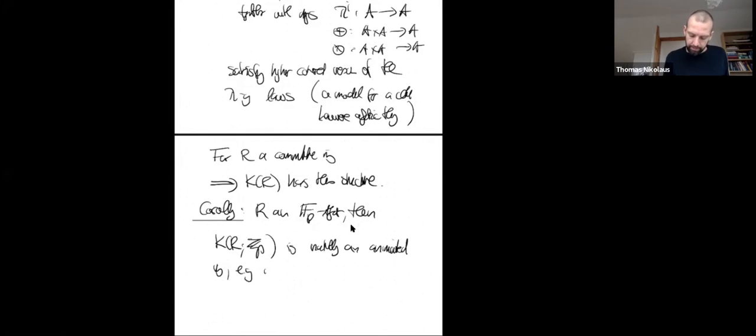E.g., it admits the homotopy groups, K_* of R with Z_p coefficients, admit divided powers, canonically, functorially. And this is, I think, a new result. I was not aware of this structure.